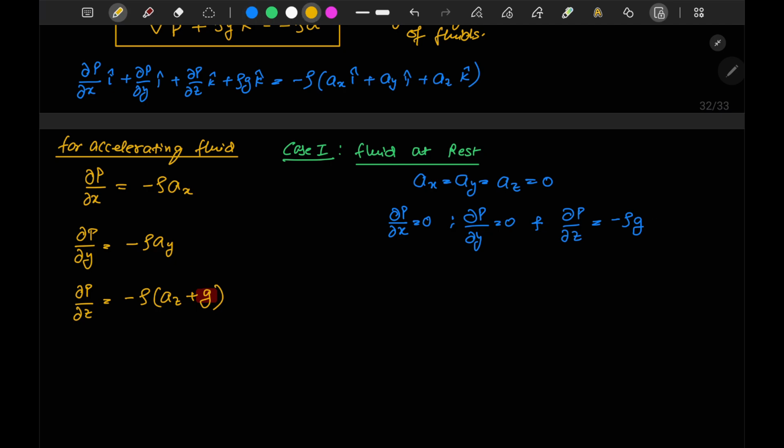So this here is what we have obtained, called the hydrostatic law. You have read in your fluid measurement chapter that del P by del Z is equal to minus rho g, or del P by del S is equal to rho g. So this here is your equation.